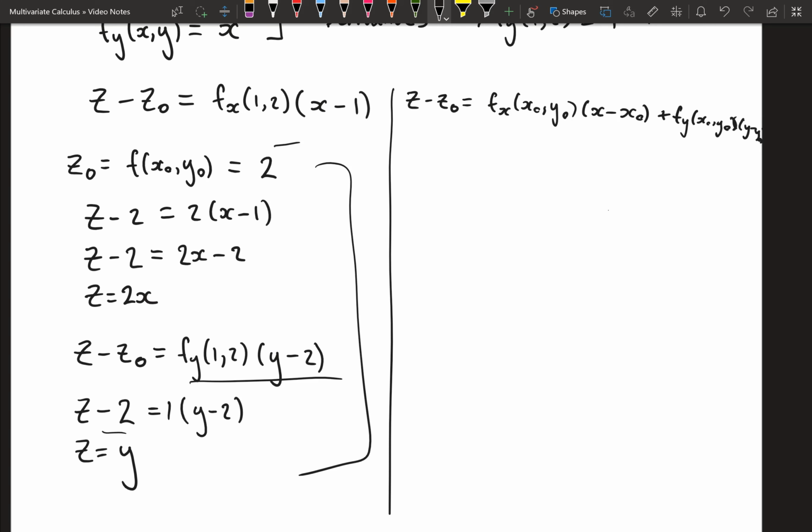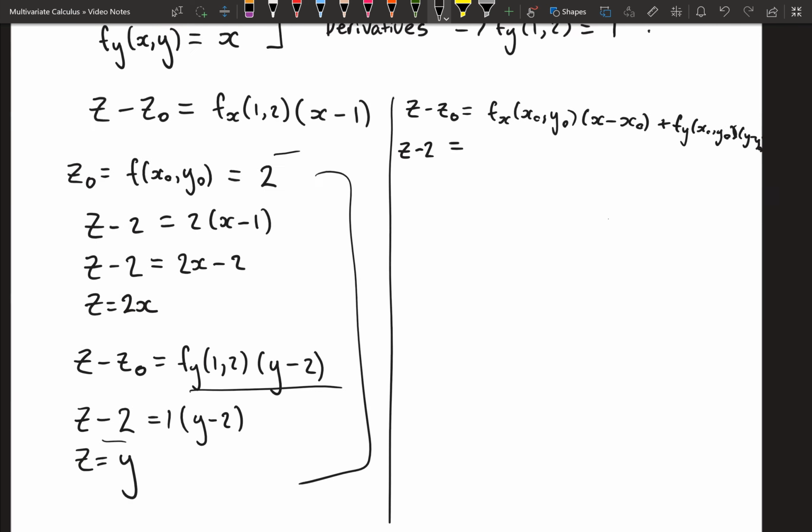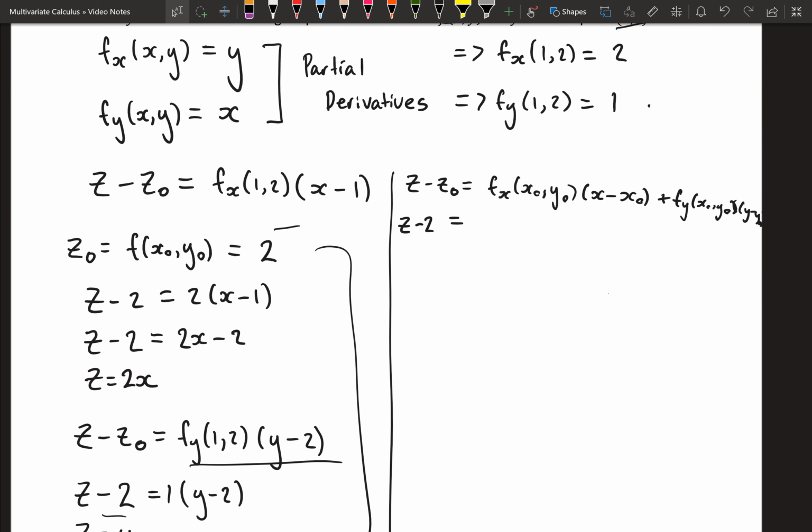And hence we get z, take away 2, is equal to the derivative at x naught, y naught, in this case (1, 2), in the x direction 2, multiplied by x, take away 1, plus 1 times y minus 2. Just fix that y up. y minus 2.